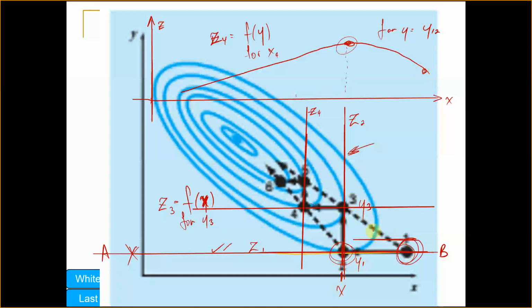Am I clear? This location is y3, the peak of z as a function of y. So let's say this value was y12, and then you found this to be y3. Understand? Understand what I just did here?